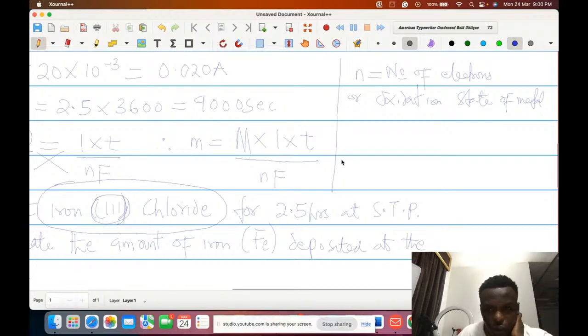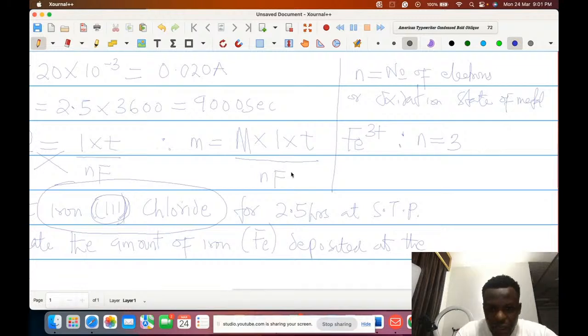Now, how do we know the oxidation state of the metal? They said iron 3, so this is going to be Fe3 plus. If they had said iron 2, it would have been Fe2 plus. So my N here is equal to 3.